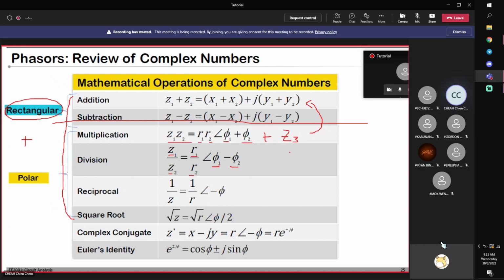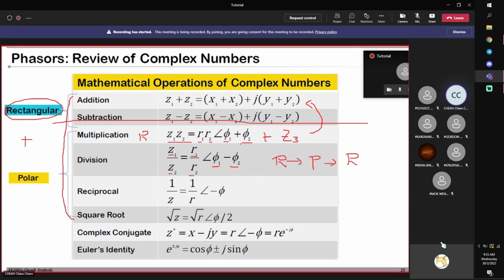So under these cases, you can think it through. Suppose that you start with rectangular, then you need to convert to polar, then you need to convert back into rectangular. So whether this is easier or not depends on you. If you're familiar, you think that this way is better, go ahead.